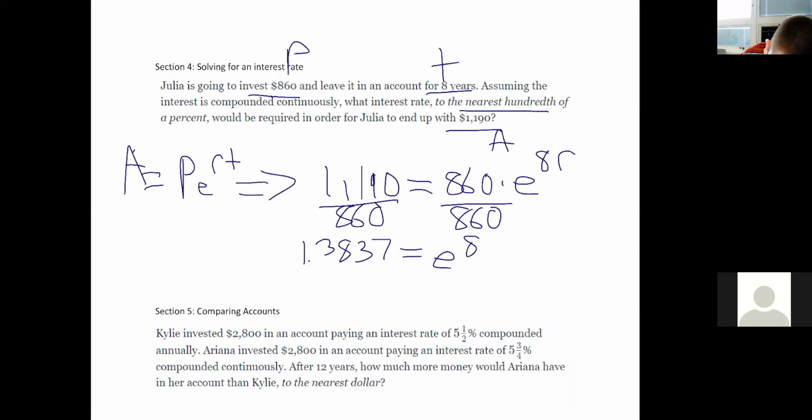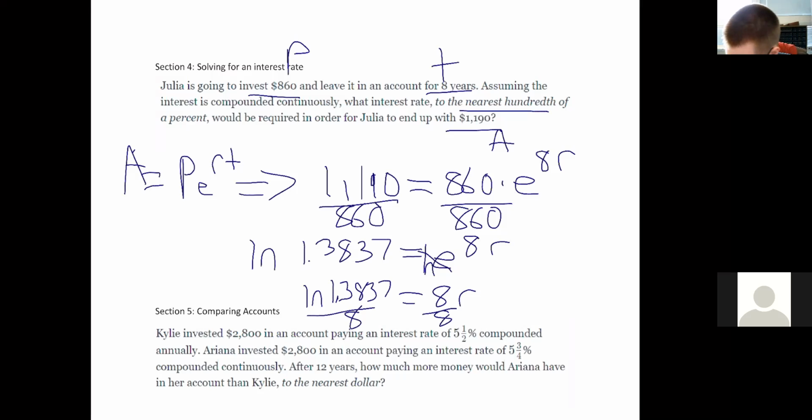But remember, to solve for a power with an E equation, you're going to take the natural log of both sides. A natural log of E, basically this just cancels out. A natural log undoes a base E. So on the right side, we would just have 8R equals the natural log of this 1.3837-ish number. So you're going to have to type this in your calculator and divide it by 8.